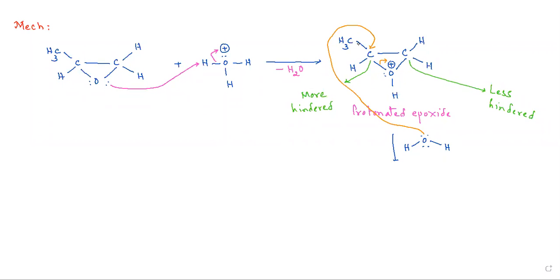More hindered carbon is attacked in anti manner because the more hindered carbon is the one that is forming a more stable carbocation.